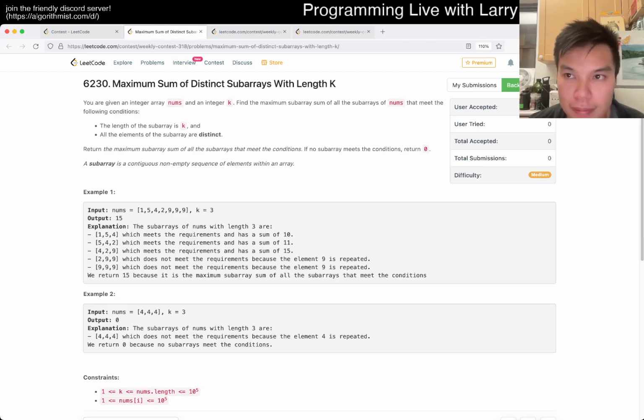Okay. A little bit slow, but that's okay. Hard to read. Length of the subarray k.